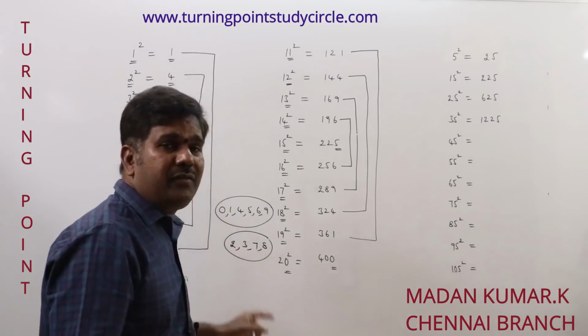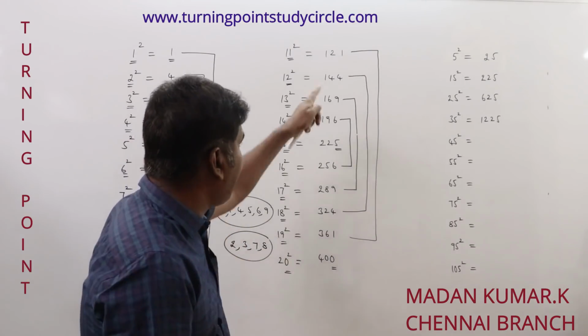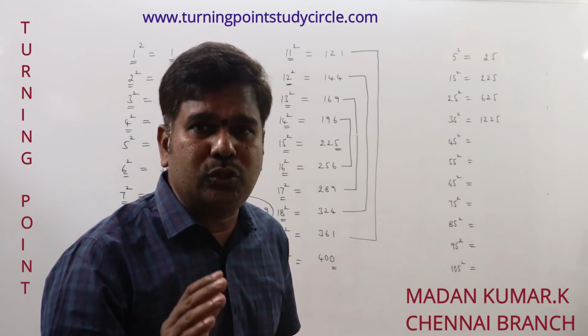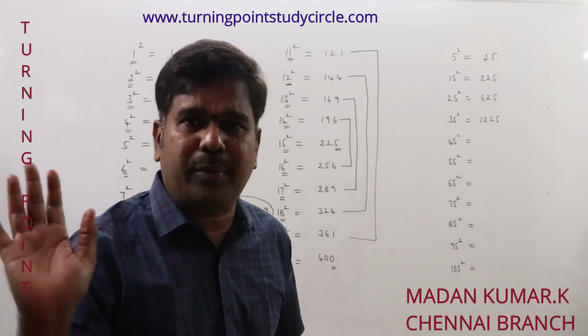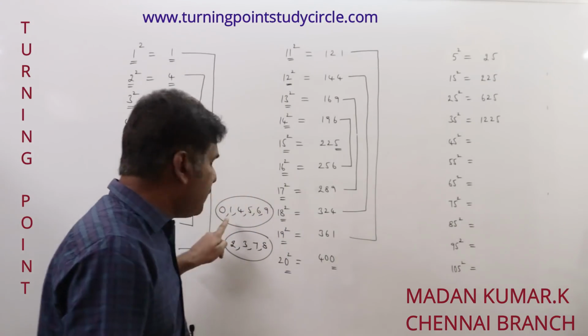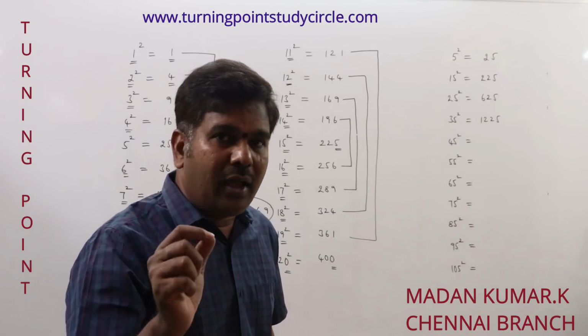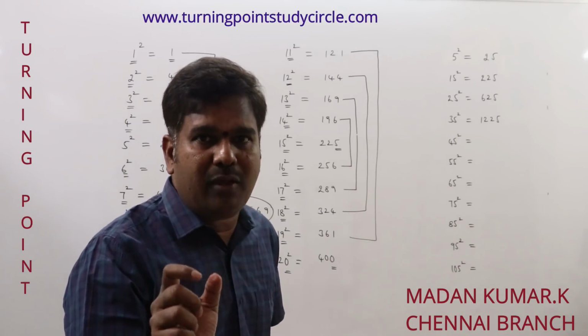So the numbers ending with 0, 1, 4, 5, 6, 9 may be perfect squares, but the numbers ending with 2, 3, 7, 8 will never be perfect squares. I am stressing that word may. Why?